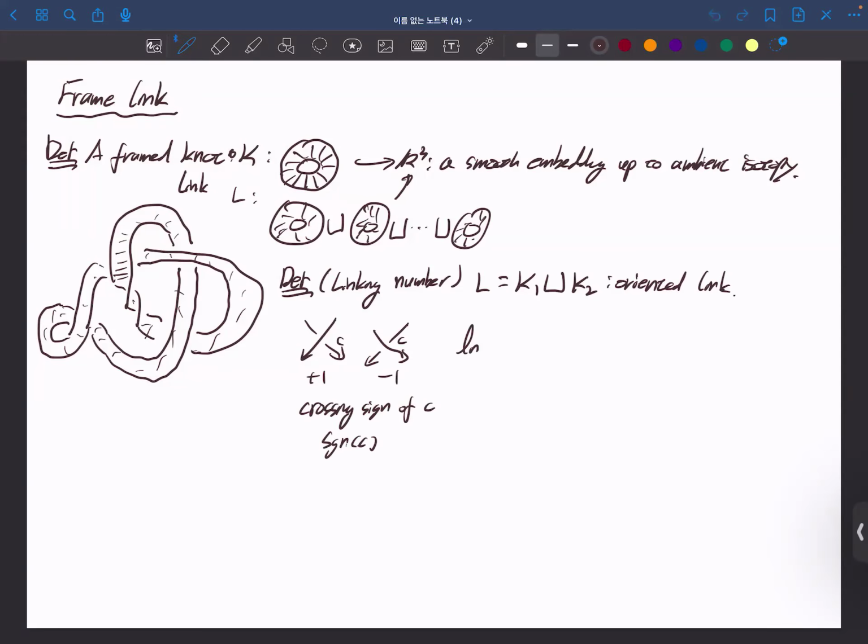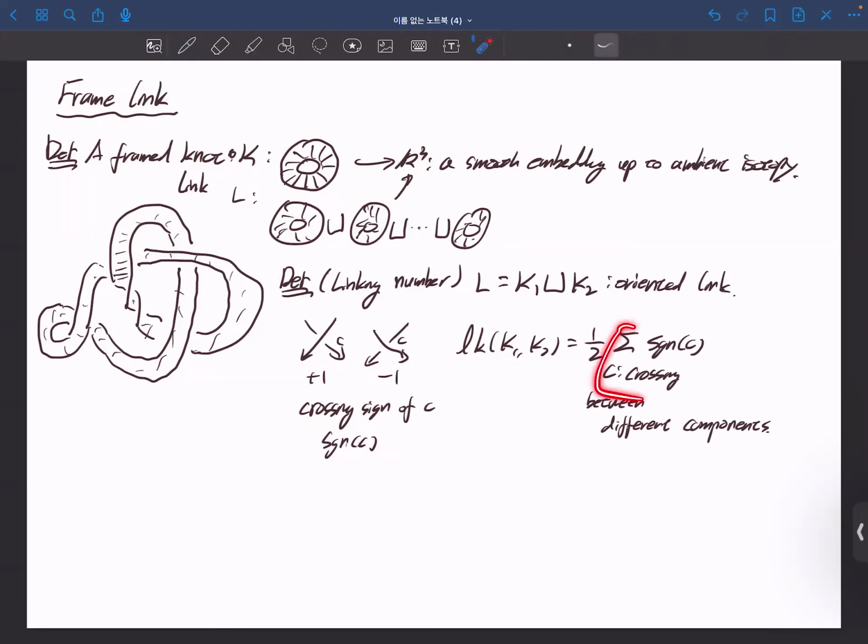Then the linking number of K1, K2 is 1/2 the sum of the crossing signs, where the crossings are between different components. We sum all the signs of such crossings and divide by 2, and this is called the linking number.